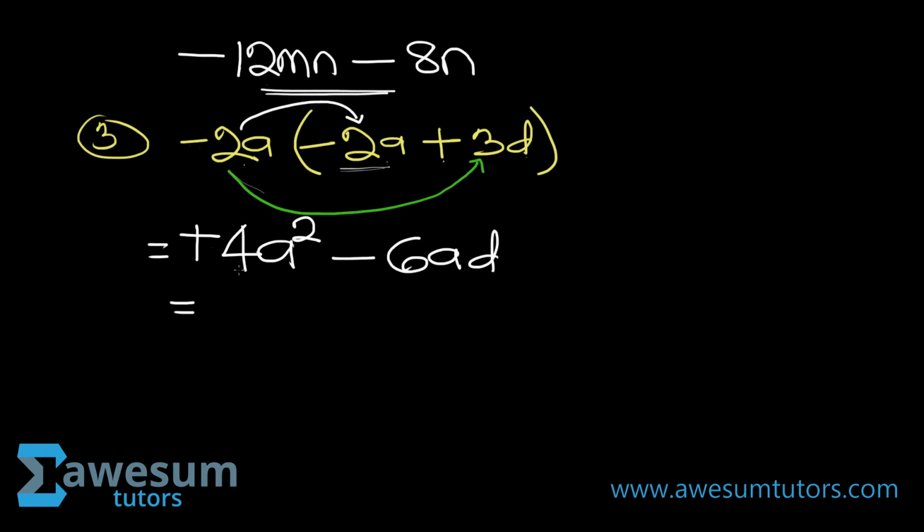You can rewrite it to be 4a squared minus 6ad, because 4a squared is the same thing as plus 4a squared, with an invisible positive. Okay, very good, guys. Let us take a look at another example right here.